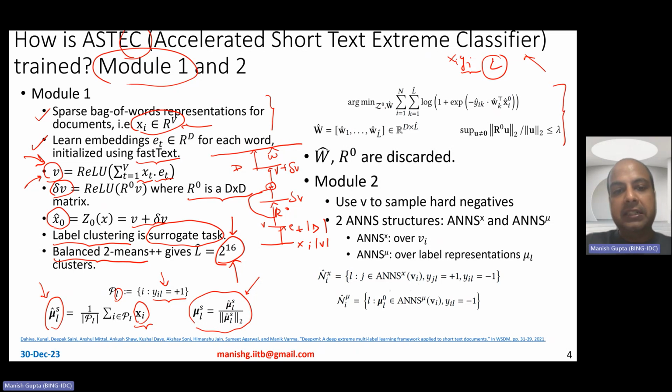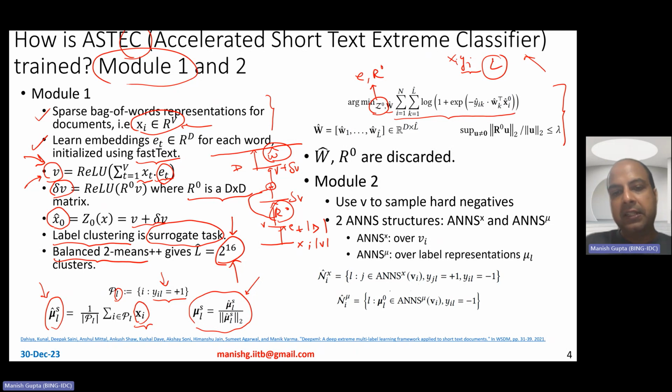Module 1 essentially learns your W hats, and it also learns your R naught and your E. So there are 3 things being learned: W hat and Z0, where Z0 comprises E and R naught. You learn those so as to minimize the classification loss in the surrogate task.